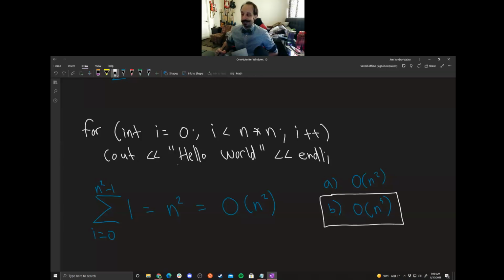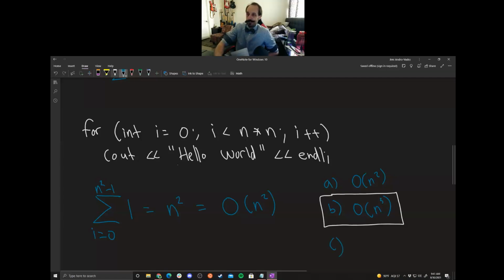So for that reason, I might use thetas on the exam, so you cannot try to get points by saying, well, technically, isn't it O of n cubed as well? Yeah, technically it is, but it's sort of like, okay, fine, this would have been correct as well.